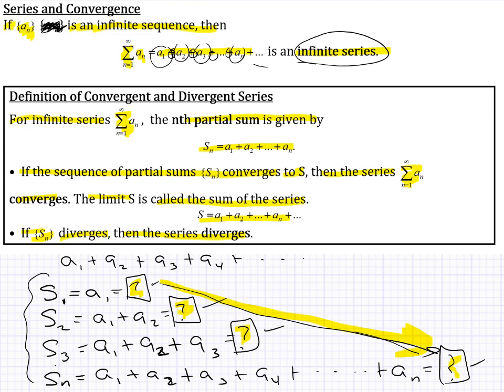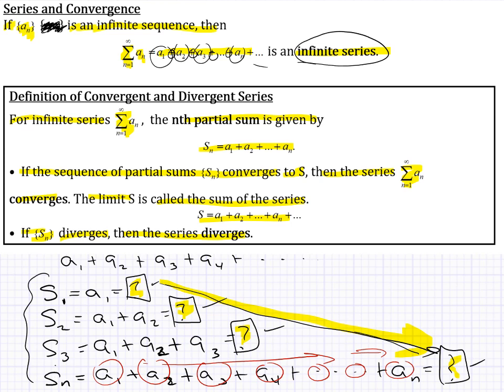What are we doing when we're finding a partial sum? We're adding more and more terms of the corresponding series together. So as we keep adding and adding, what happens? Well, we're getting closer and closer to what the actual sum could be.